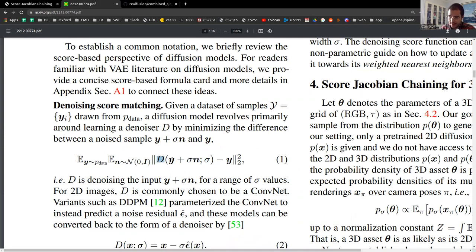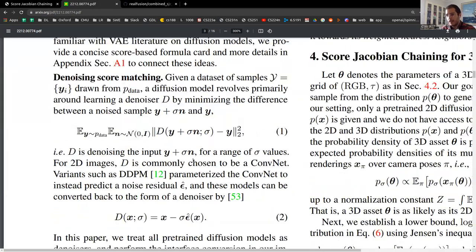By passing this into my denoiser, I'm trying to denoise it. And I'm writing the loss according to the difference between the original image, which is Y, and the denoised image, which is D of Y plus the noise. This way, I'm trying to sample Y.